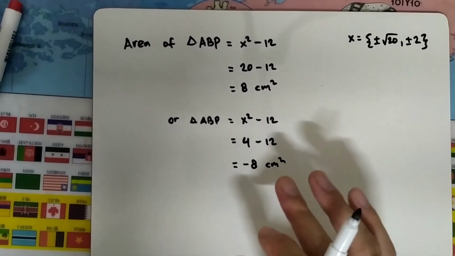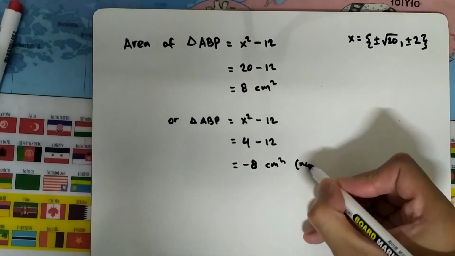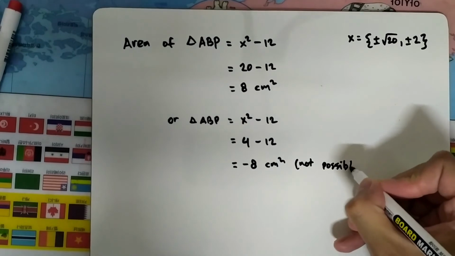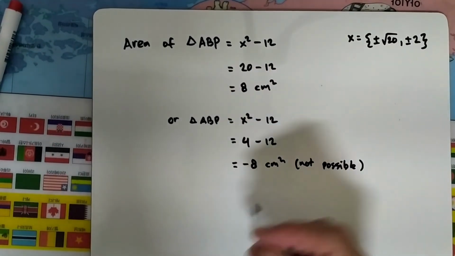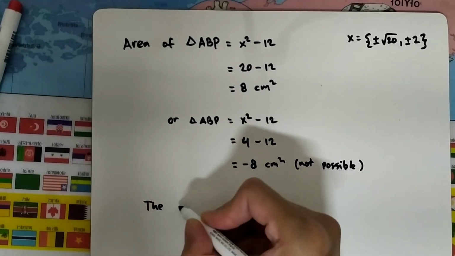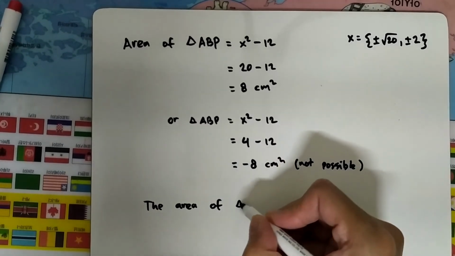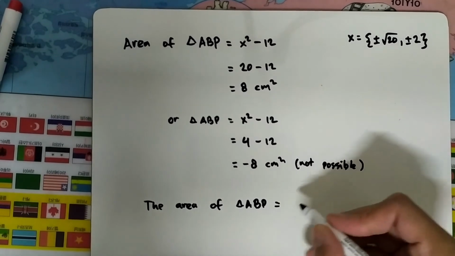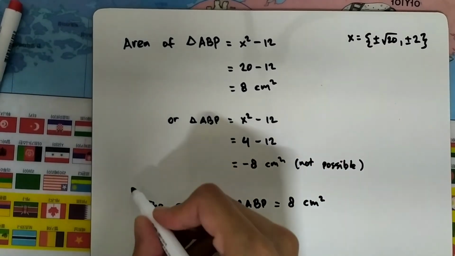The area is not possible to have negative values, so this is not possible. So the only possible answer is this one, 8 centimeters squared. So the area of triangle ABP is equal to 8 centimeters squared.